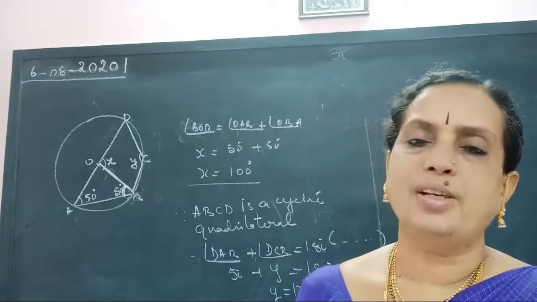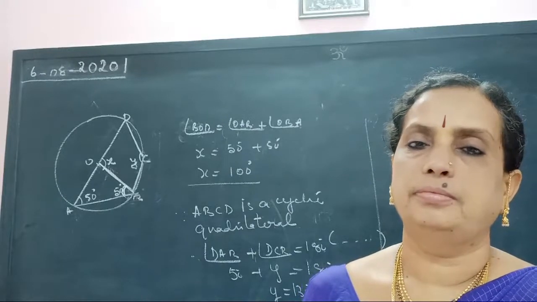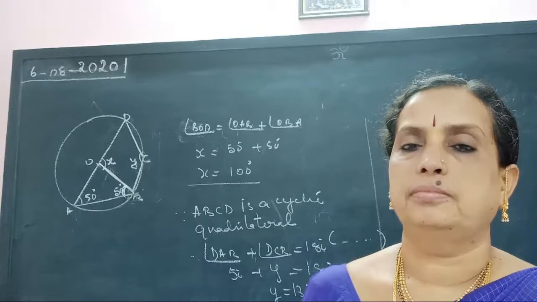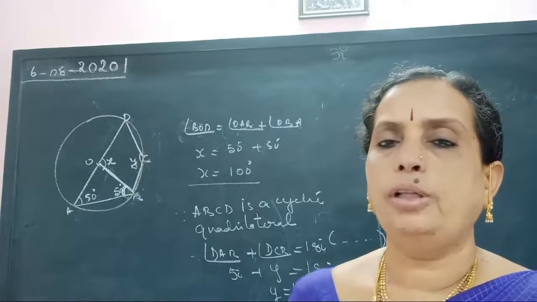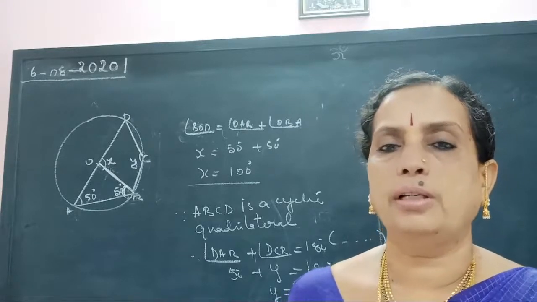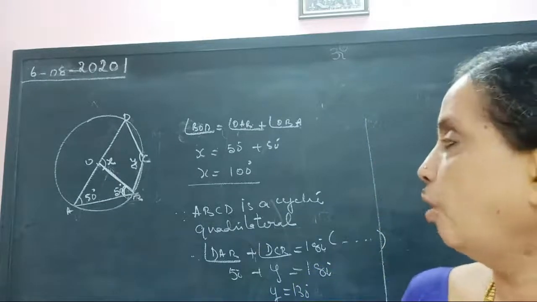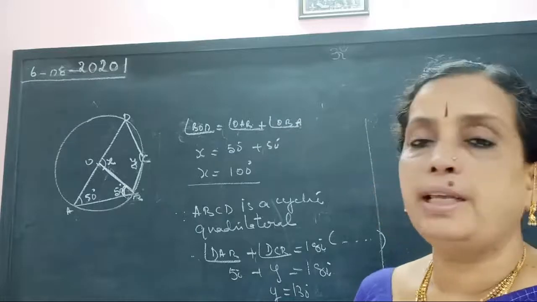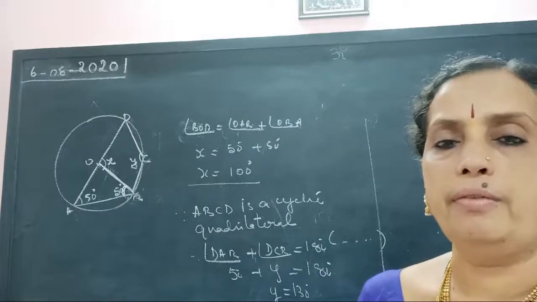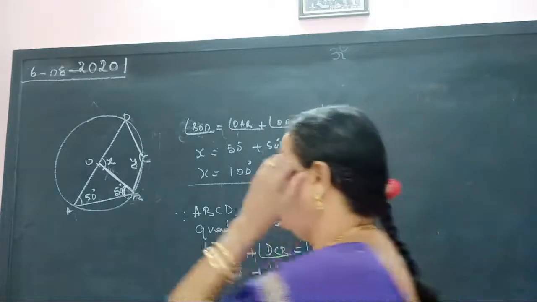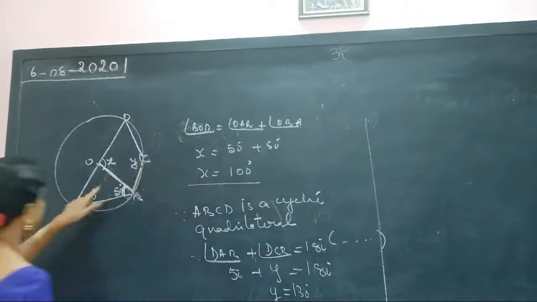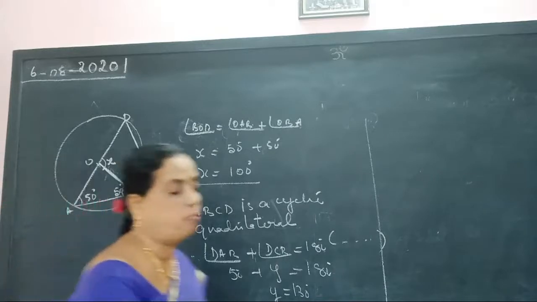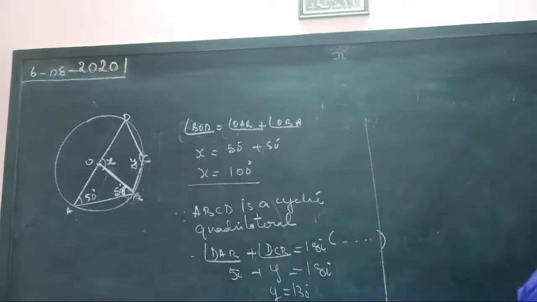Yes, all the vertices are not on the circumference of the circle. Therefore, ABCD is a cyclic quadrilateral. Very good. So that is the reason angle Y plus this 50 equals 180. Therefore, the measure of Y is 130 degrees.